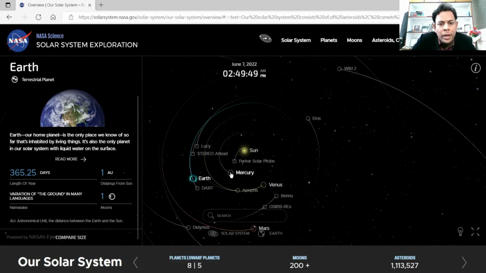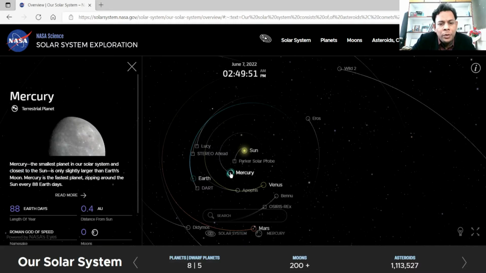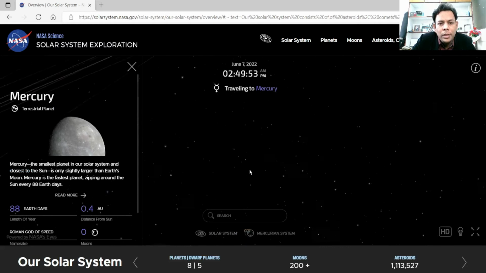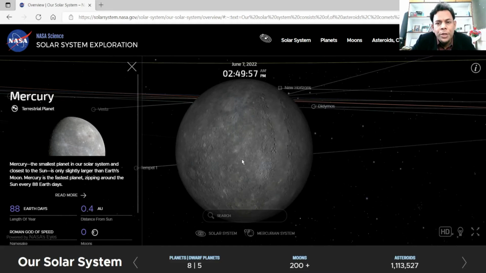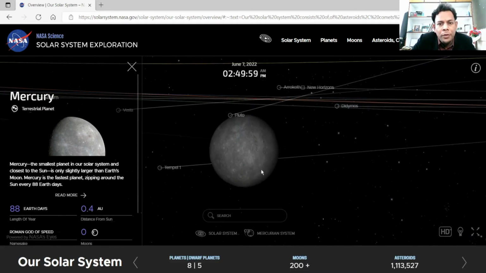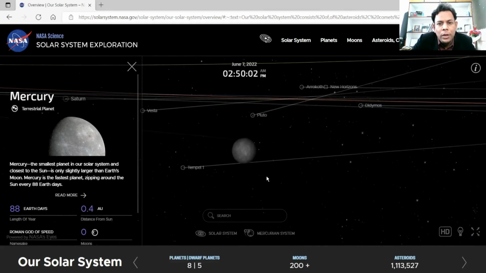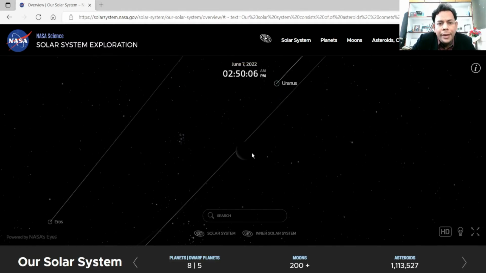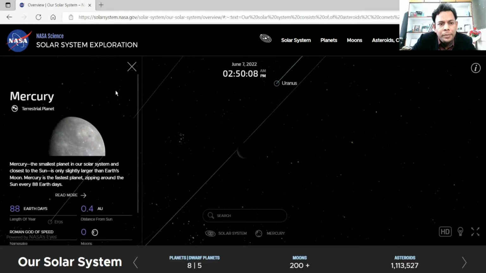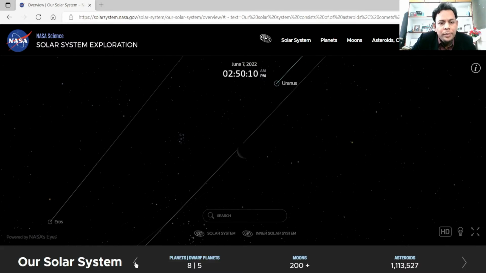In another case, if we are looking for Mercury, you double click on it, and it shows you the real or observed picture of Mercury. If you want to zoom in or zoom out, you can play with this website. It is quite interesting, and it gives you real-time observation of the solar system.